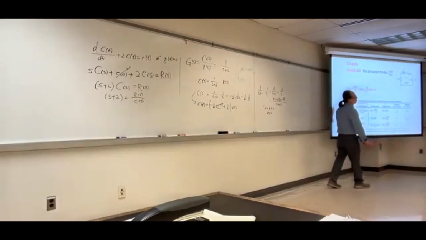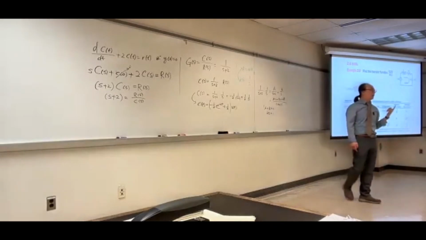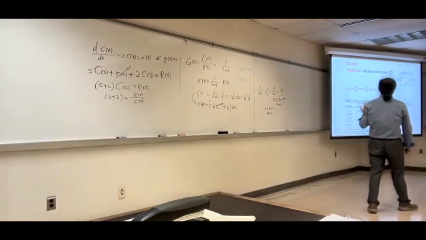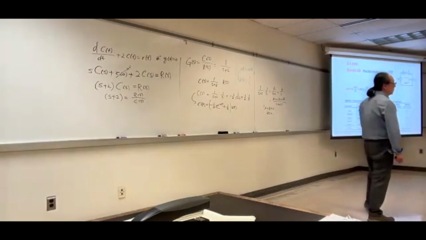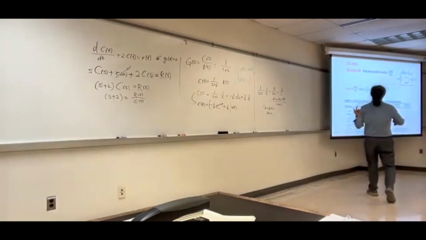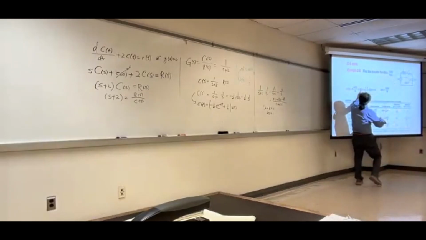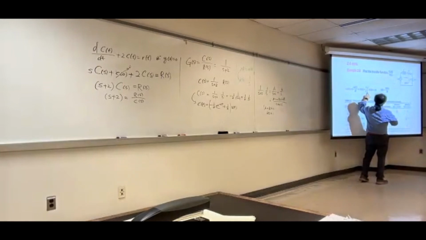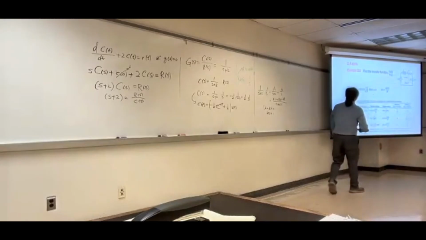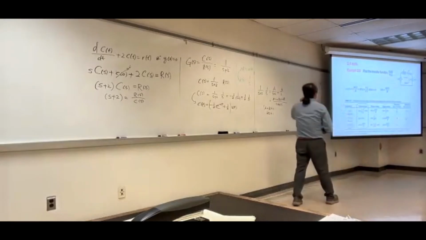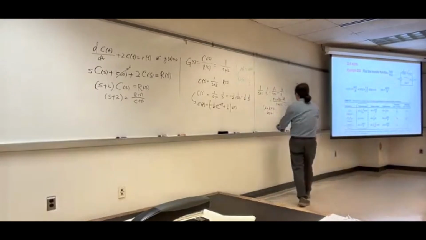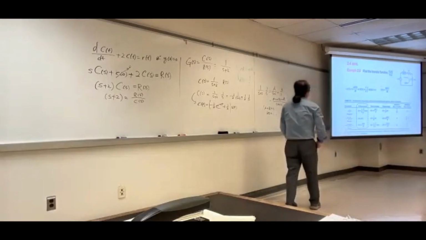We're going to use the definition of the charge, meaning i of t equals dq over dt. So if you put this i of t everywhere, then the integral times d over dt will cancel out. 1 over C times q of t is going to be vC of t.